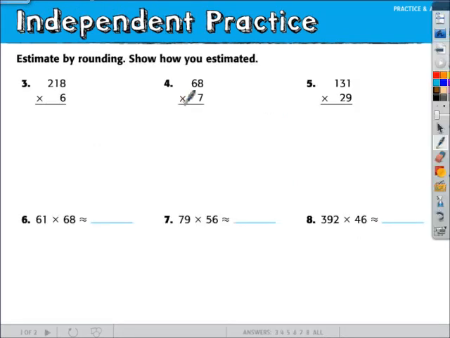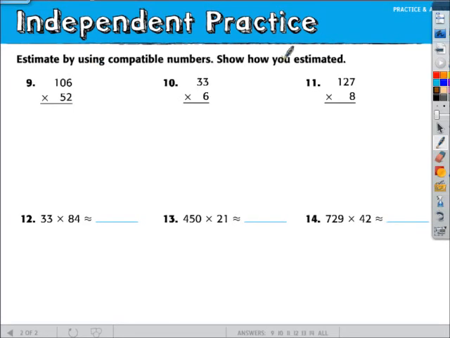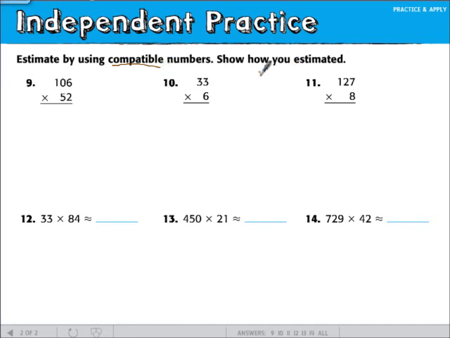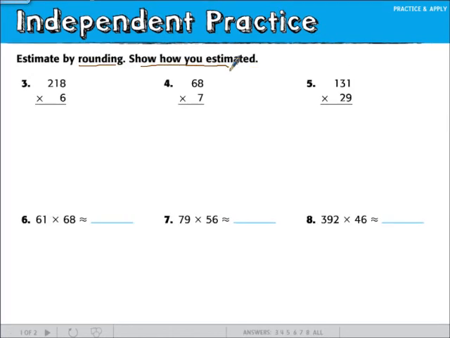So this is what your homework looks like. You have one section that's going to say estimate by rounding. Your next section, estimate by using compatible numbers. Show how you estimated.